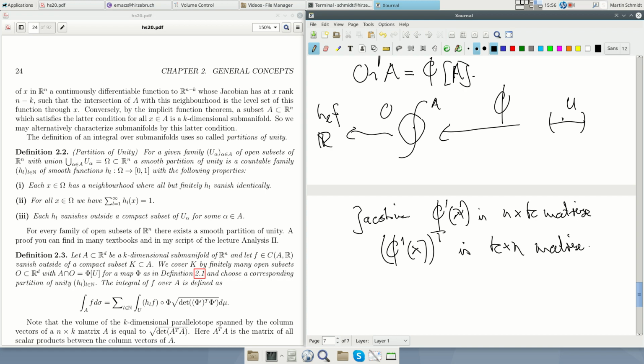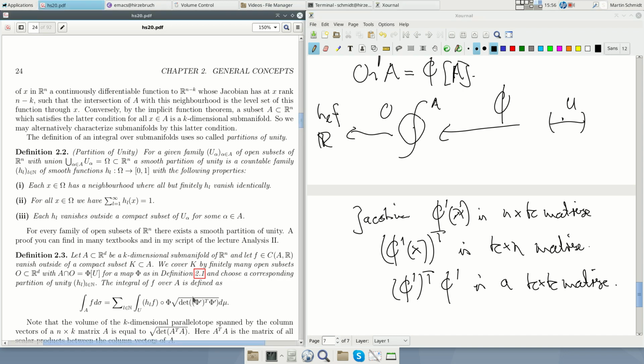So in this product, phi prime transposed times phi prime, the n indices are equal, so it's a k by k matrix. So we can take the determinant, and now the claim is it's positive since it has full rank.